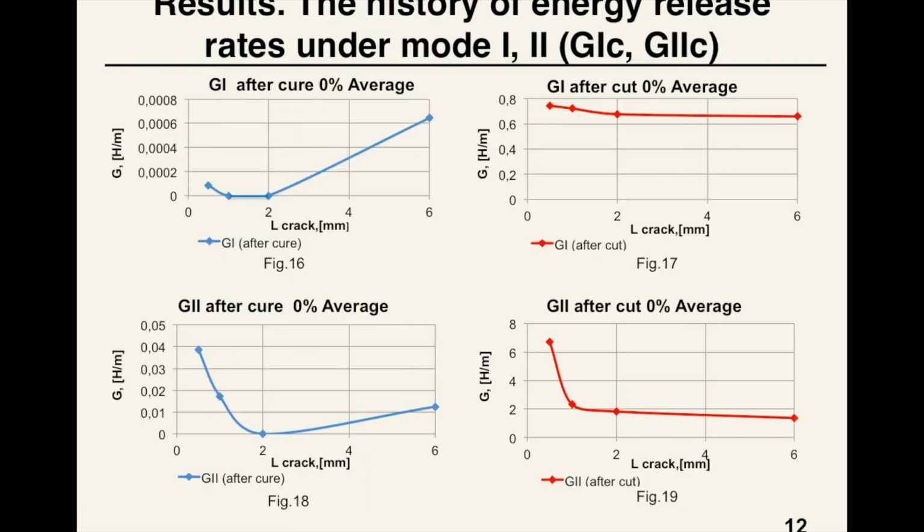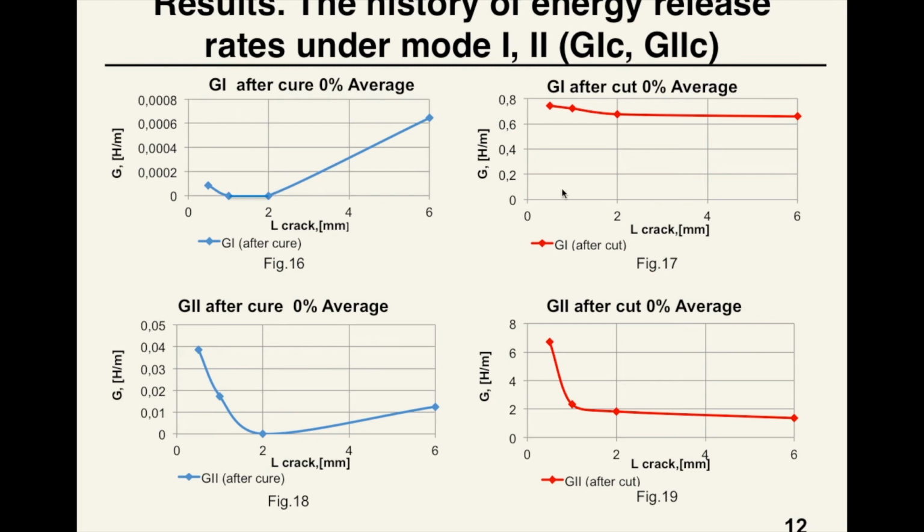As the next step of the analysis, the history of energy release rates under mode 1 and 2, so G1 and G2, were analyzed over time during the process of polymerization and free edge cut appearance using the seam crack technique. A slight increase in G1 and G2 values at the crack tip during the polymerization and the multiple excess of these values after the mechanical cut is shown in figures 16 to 19 for different crack lengths.